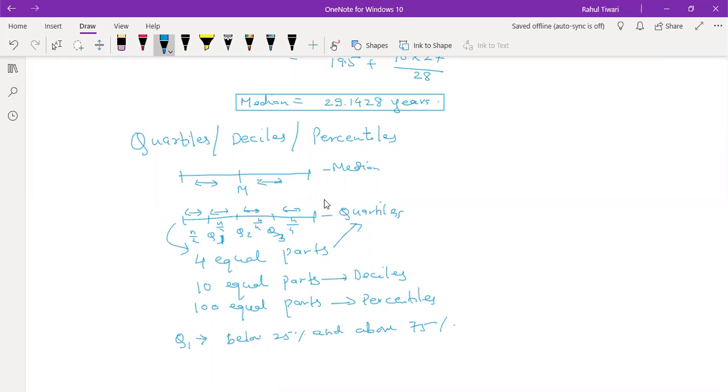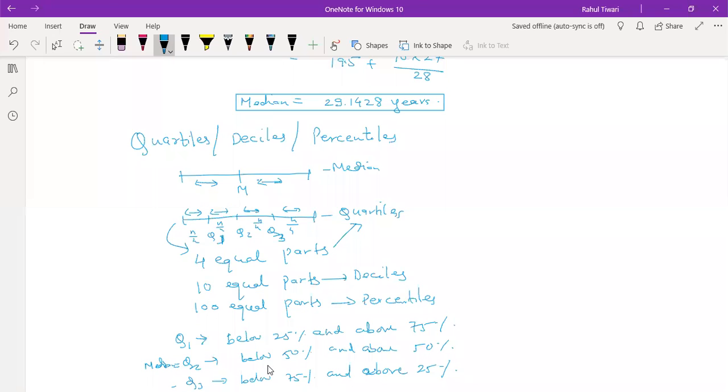Similarly, Q2 is below 50% and above 50%, which is the same as the median. And similarly, we have Q3, which is 75% below and 25% above.